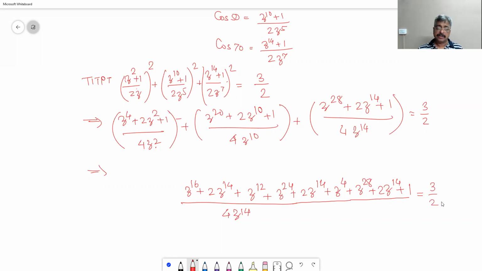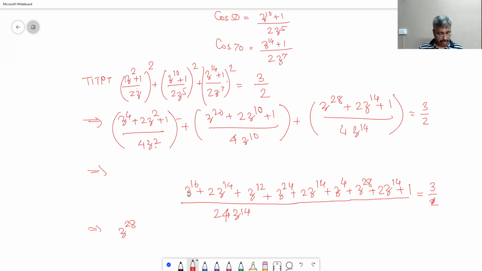Is it correct? This implies, with little further simplification, this is gone. So this is 6 z raised to 14 in RHS, and let us write them in descending order. Z raised to 28 is the largest power.